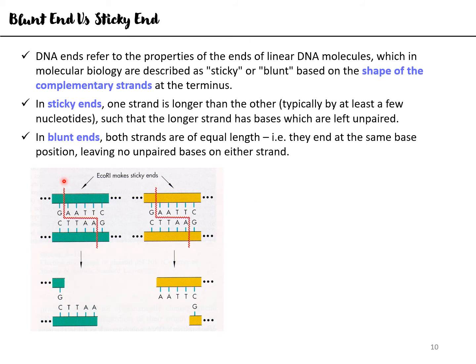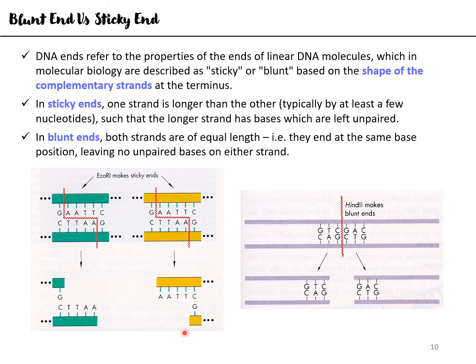You see over here, it cleaves after the first G from the 5' end, on both the strands. So you have the 5' overhang because this is the 5' end of the DNA. So these are called 5' overhangs. Whereas in blunt end, you see there are no overhangs. Both the top and the bottom strand are of the same length and there are no unpaired bases.